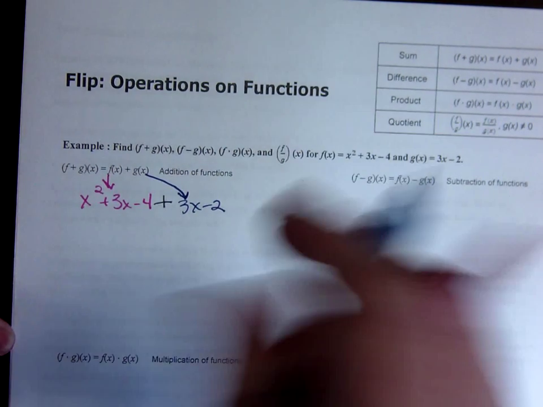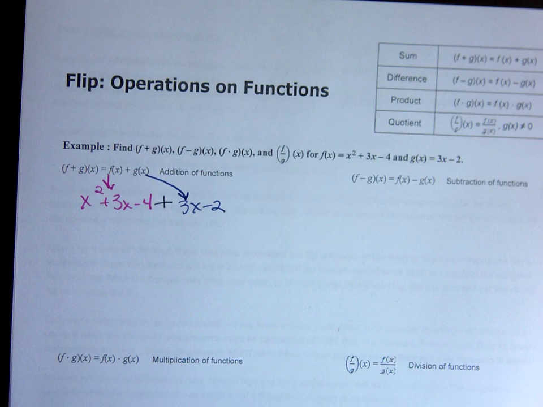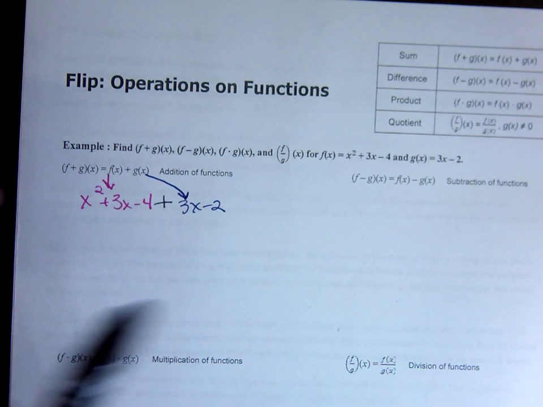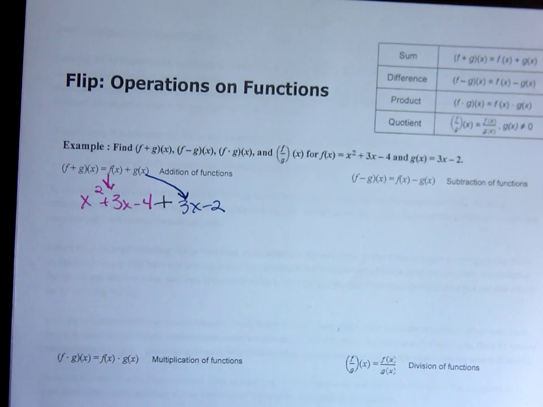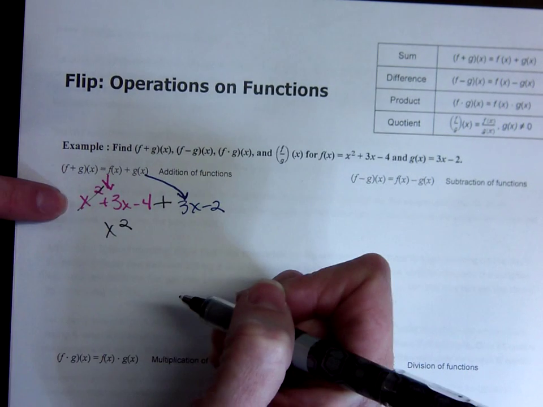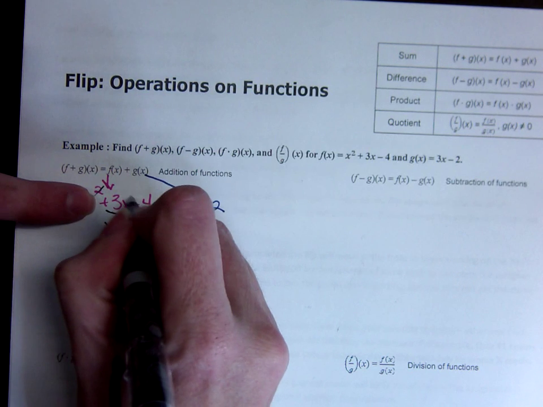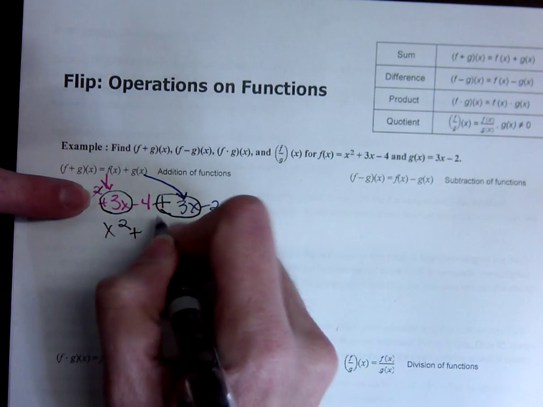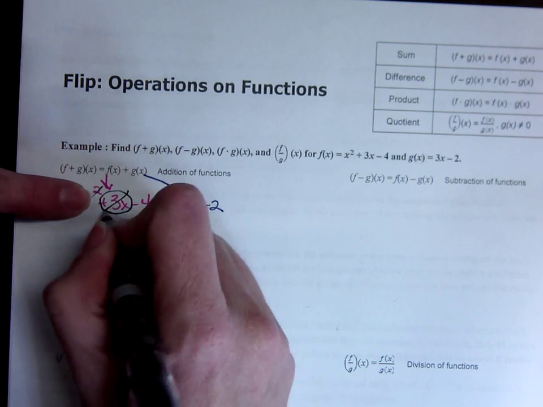Okay. Now, addition doesn't change any of the signs, so I don't really have to worry about parentheses. We're going to in a minute. But once I write these down, it's just a matter of combining like terms. There are no other x squared terms, so we're just going to write this one down. 3x plus positive 3x is positive 6x.